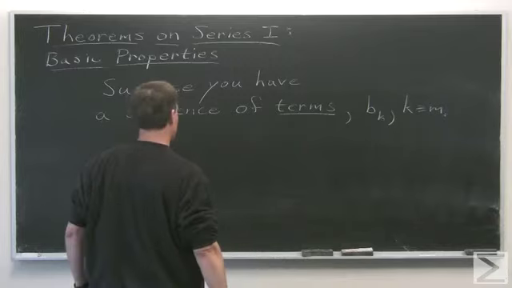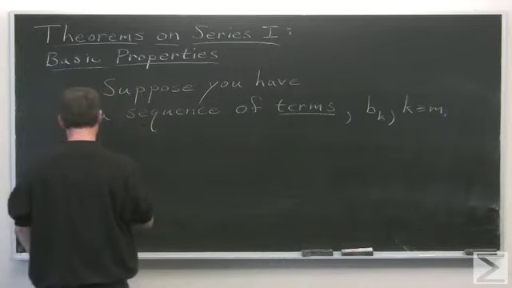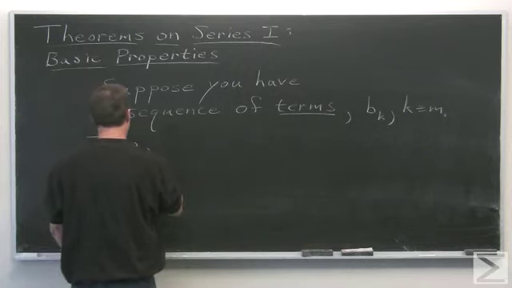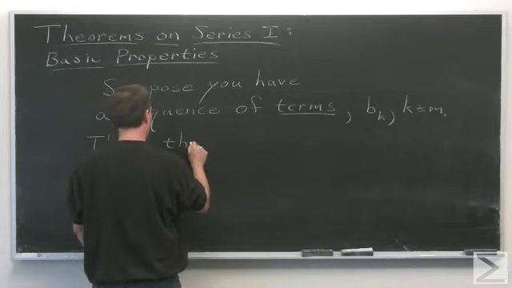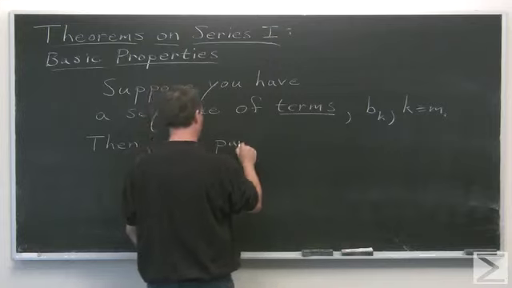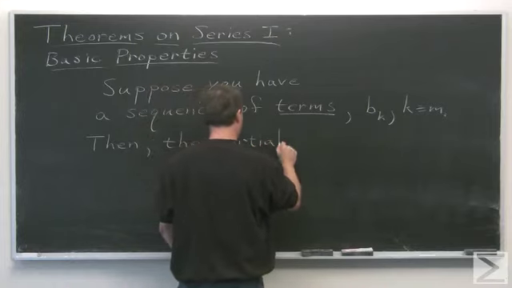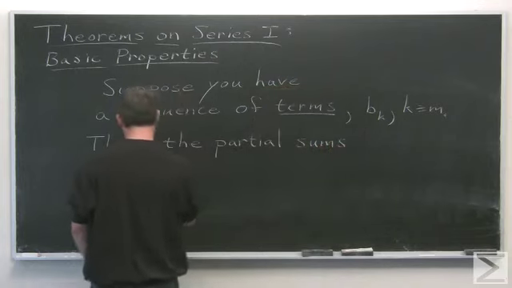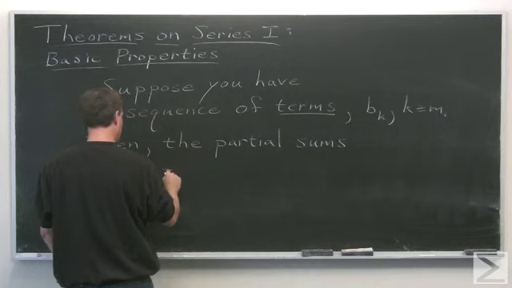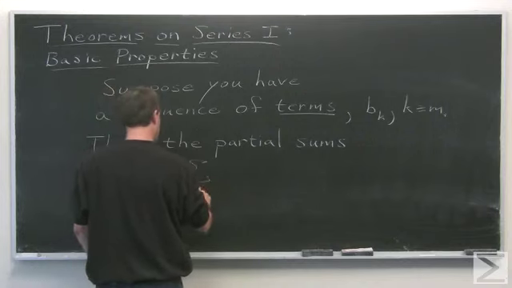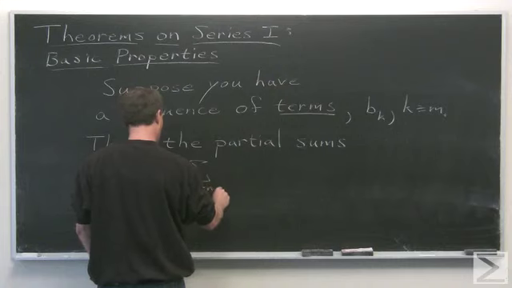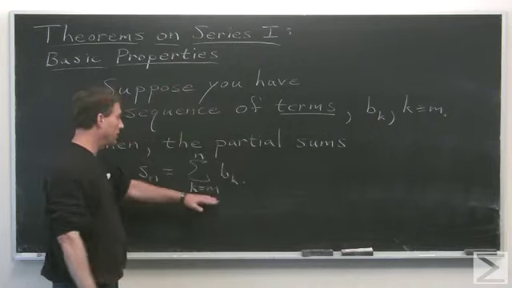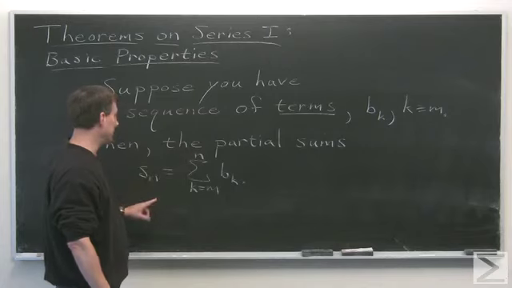All right, suppose you have a sequence of terms. Then the partial sums S sub n, these form a new sequence, where you add up the bk's starting at m and going to n.